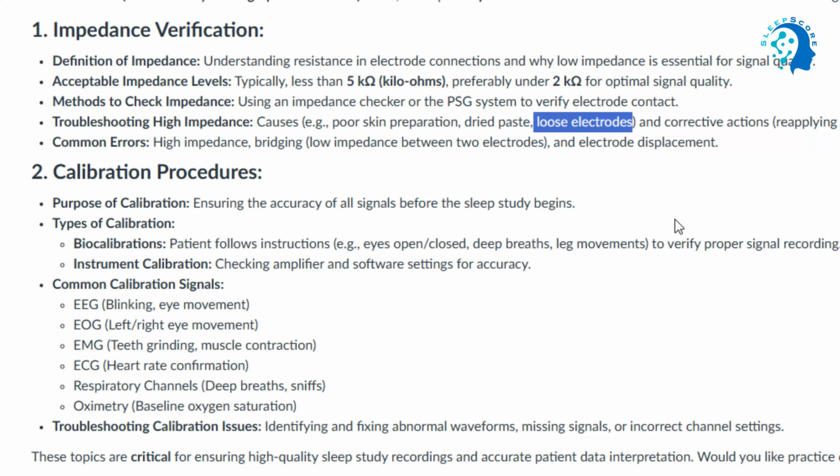Loose electrode, if the electrode is loose, then it can happen. And corrective action, how can we correct it? First thing, we can reapply some paste or rescrub the skin. We can scrub the skin.